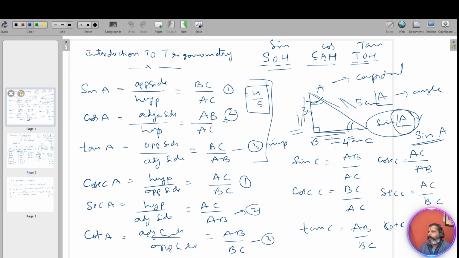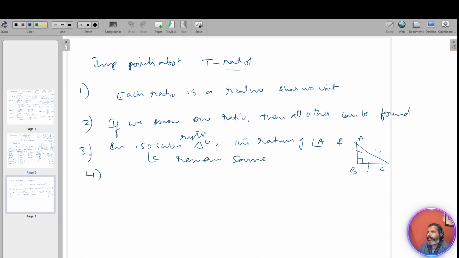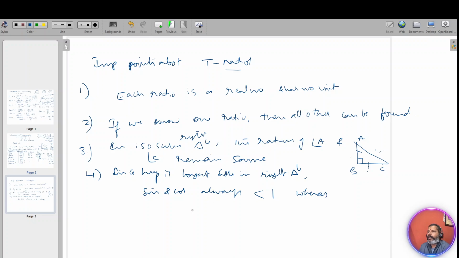That means, since the hypotenuse is the longest side in a right triangle, sine and cos are always less than 1, whereas their reciprocals, cosecant and secant, are always greater than 1.